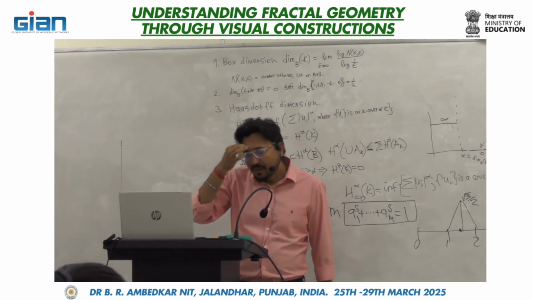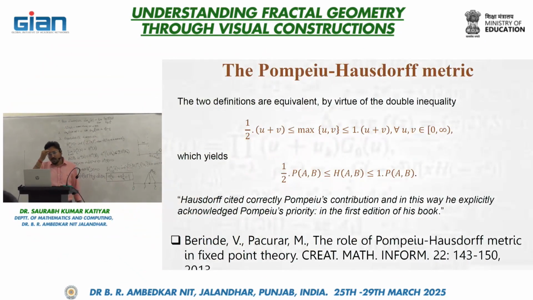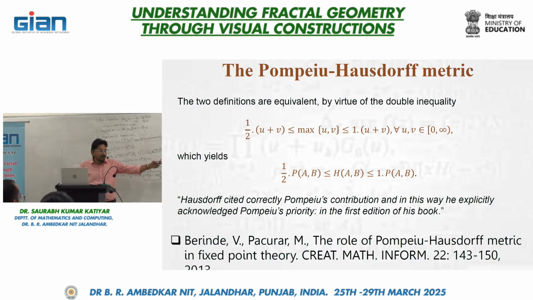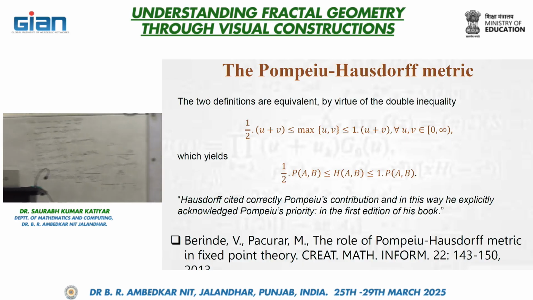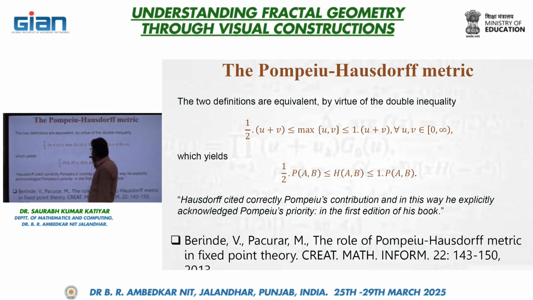Now here we want to say that the Pompeiu and Hausdorff metrics are equivalent. Like I told you, when two metrics are equivalent, there must exist some constants C1 and C2. So I am writing this. The maximum of u comma v is always less than or equal to u plus v, right?